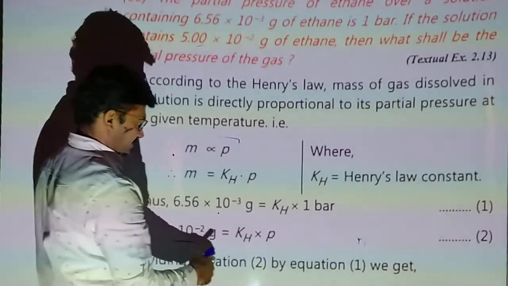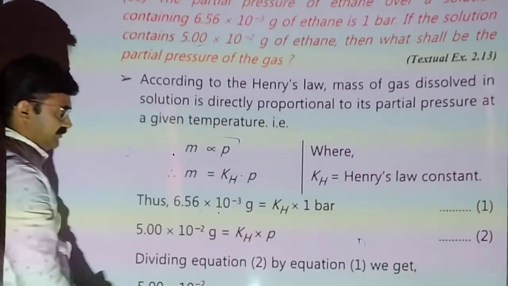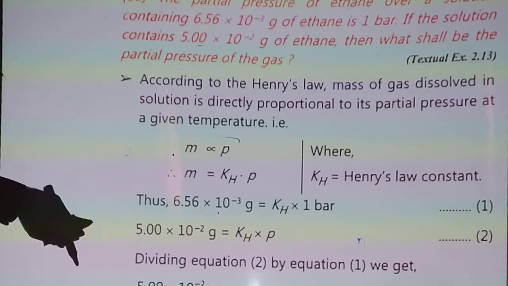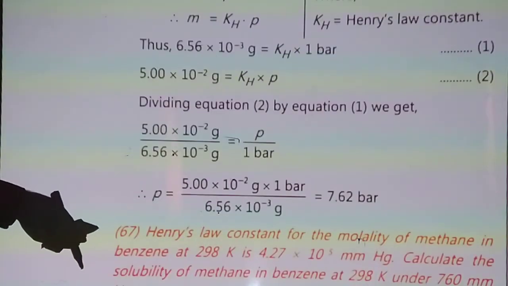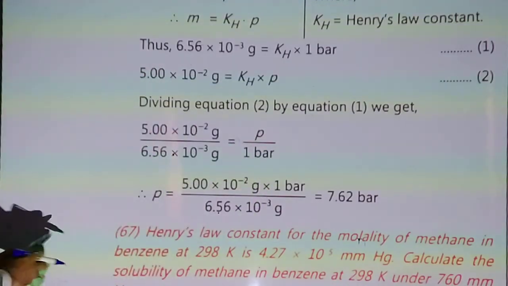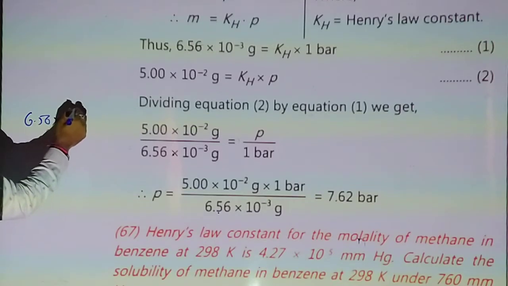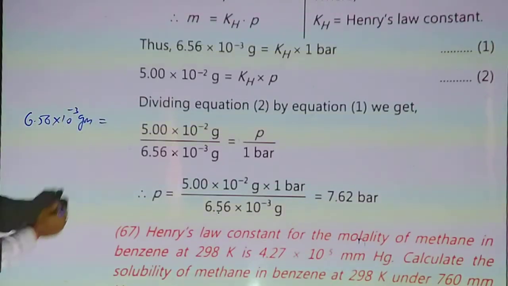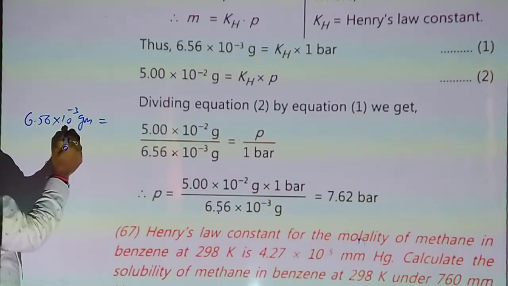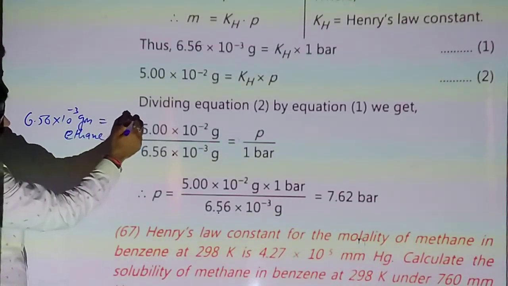Kh into 1 bar. So here 5 × 10⁻² Kh is equal to P. Dividing equation 2 by 1, we get the pressure. In another method, we can say whenever 6.56 × 10⁻³ gram of ethane is present, the partial pressure is 1 bar.